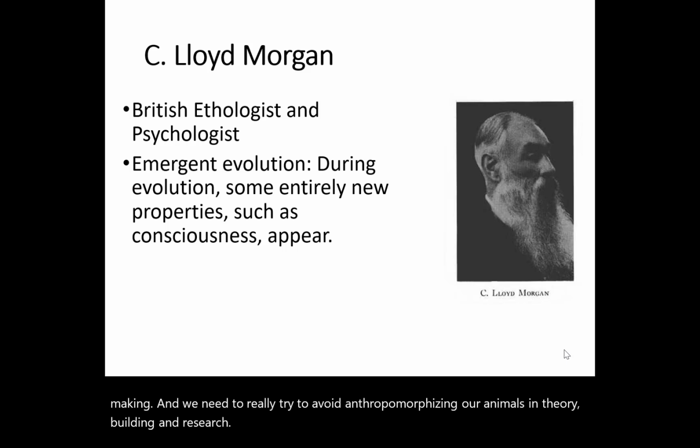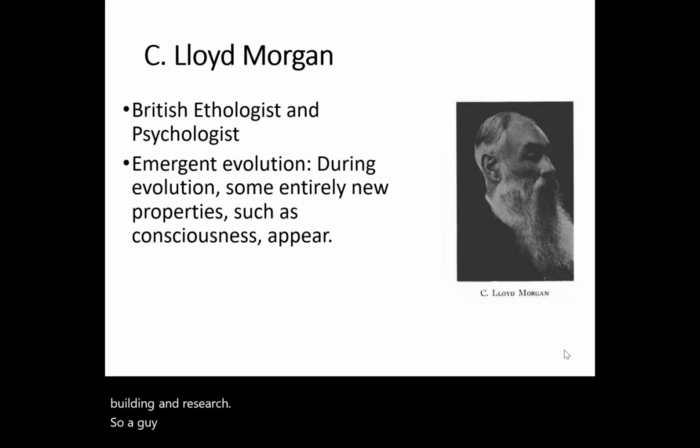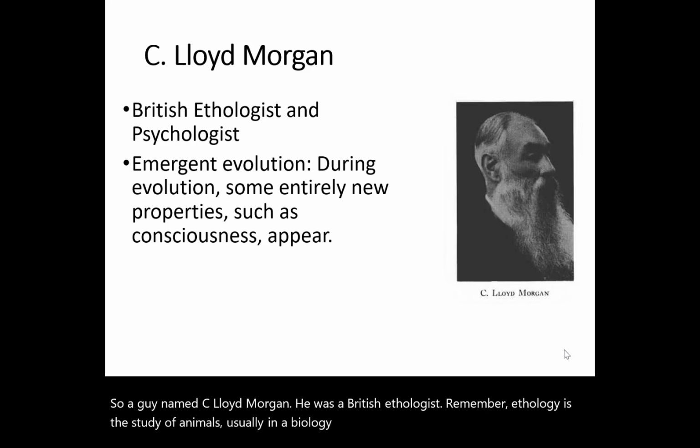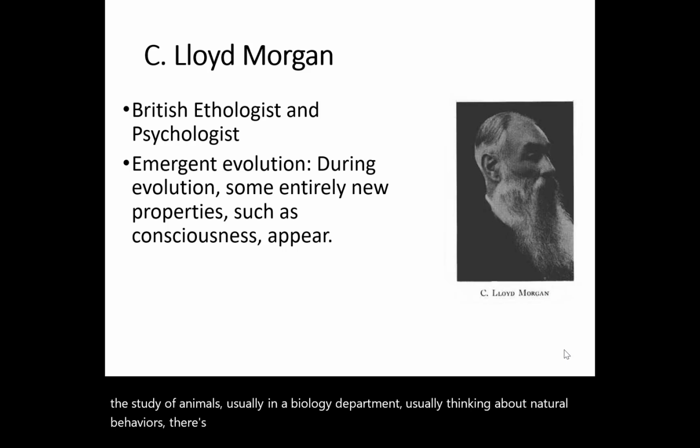So a guy named C. Lloyd Morgan, he was a British ethologist. Remember, ethology is the study of animals, usually in a biology department, usually thinking about natural behaviors. But he was also a psychologist.